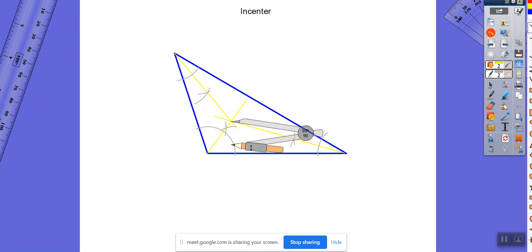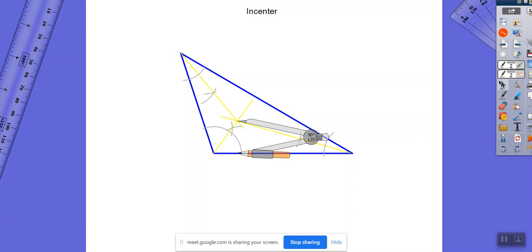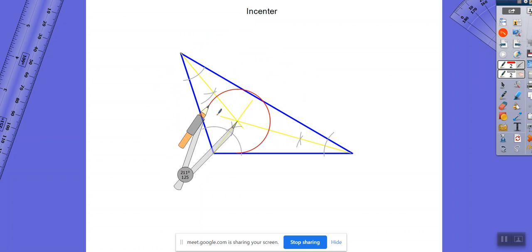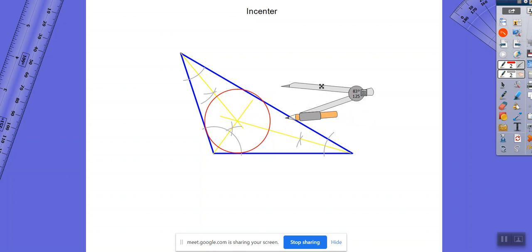So if I take my compass and check this out. So if I did everything right, I should be able to draw a circle inside the triangle such that it touches, or it is, oh geez, I'm a little bit off. Oh no. So I'm a little bit off here, guys. I am sorry.